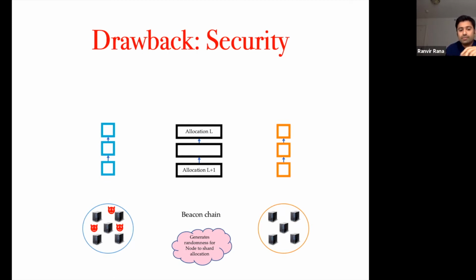A simple example of such an adaptive adversary would be posting a bribery transaction on another chain saying that, hey, if you allow me to control some transactions on that shard, I'll pay you this much money. So it's easy to bribe nodes in a particular shard, and because the shard size is small enough, it's very easy to attack a single shard. And a safety violation, especially in a single shard, can affect all other shards through double spends.